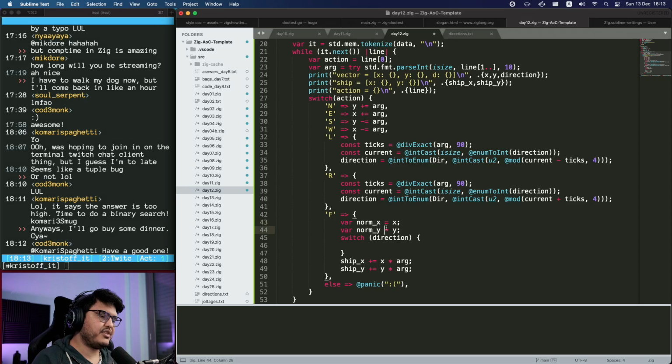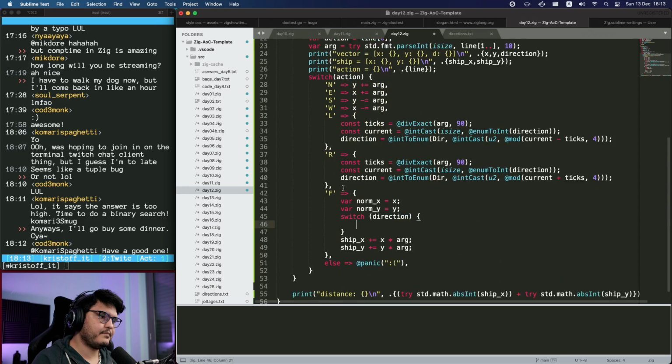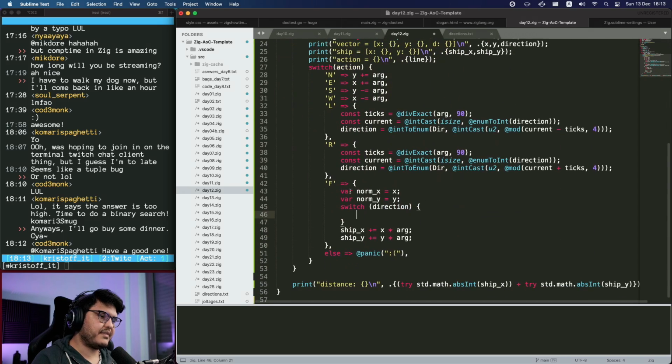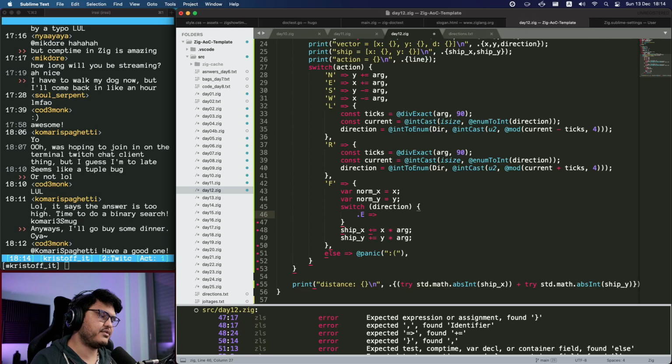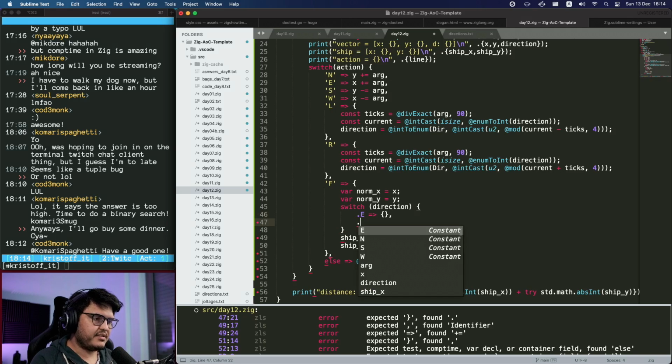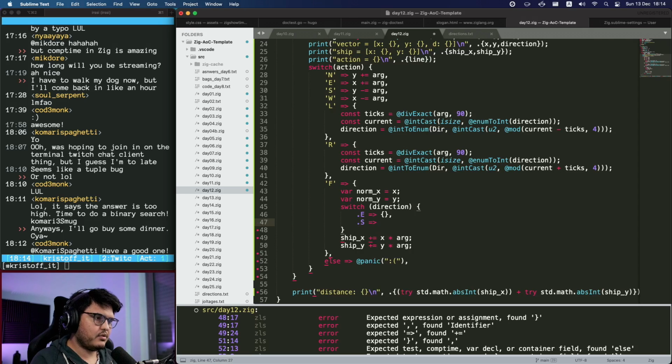So we start with the original state that the vector has, but then we normalize these directions. So if the direction is east, if the final direction is east, we do nothing. If the direction that we need to apply this stuff is south, what does pointing south mean?